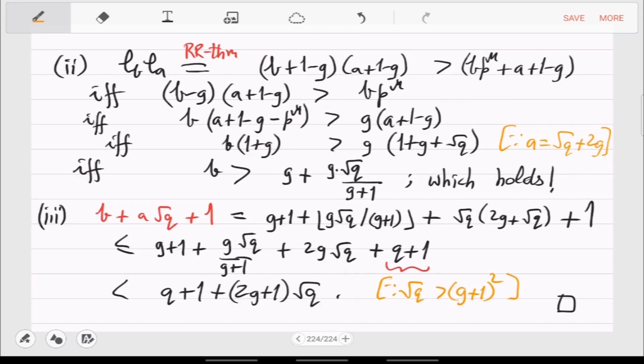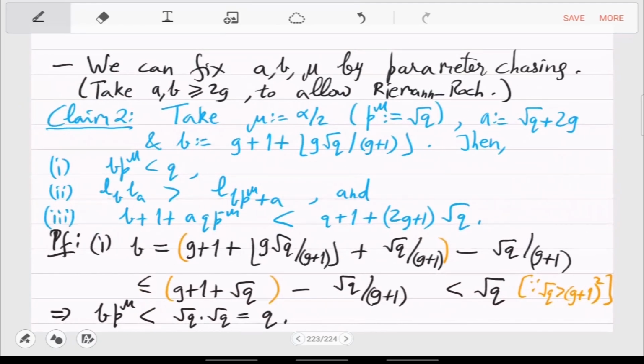Yeah, that's all. So all the conditions are checked, and ultimately we have an upper bound on N1C sigma to be q plus 1 plus 2g plus 1 square root q. So that finishes the proof of the Riemann hypothesis.